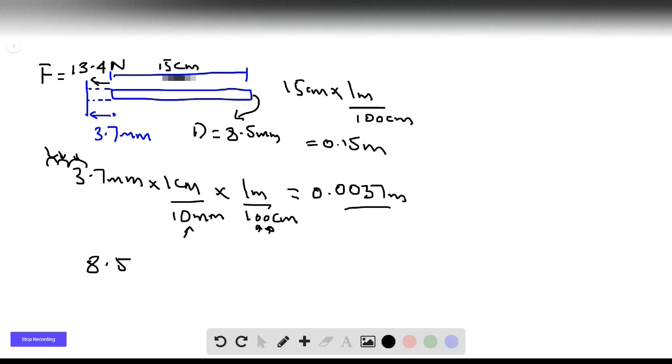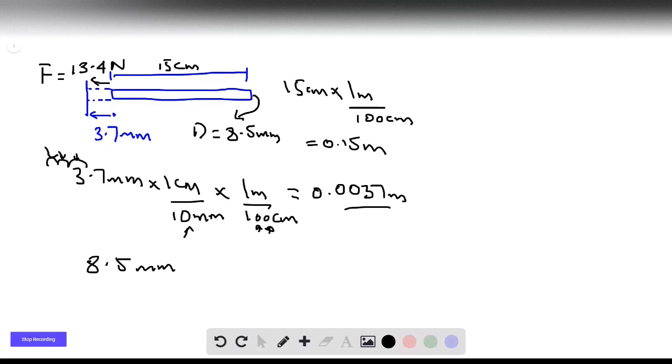So D equals, you can call it delta D if you wanted to for convenience, 1 centimeter over 10 millimeters, and then we have 1 meter over 100 centimeters.